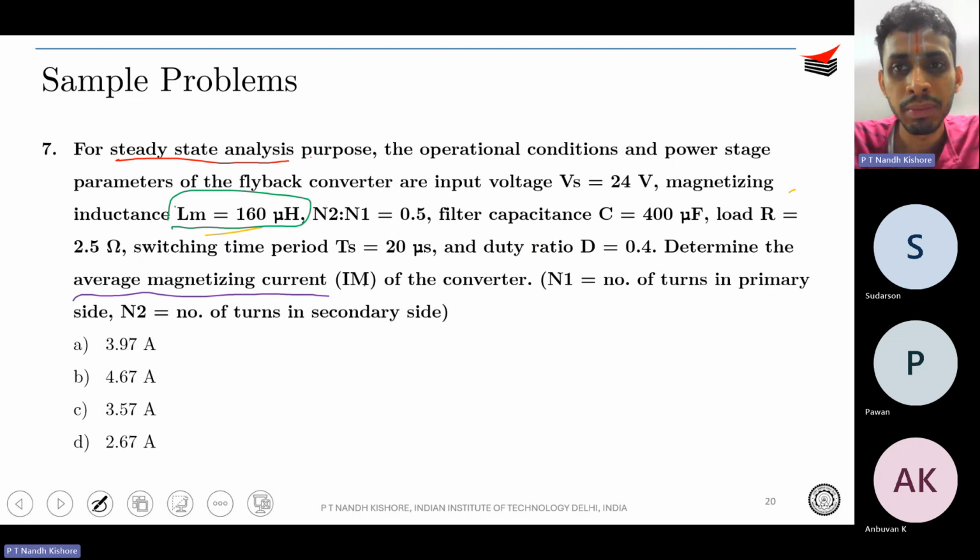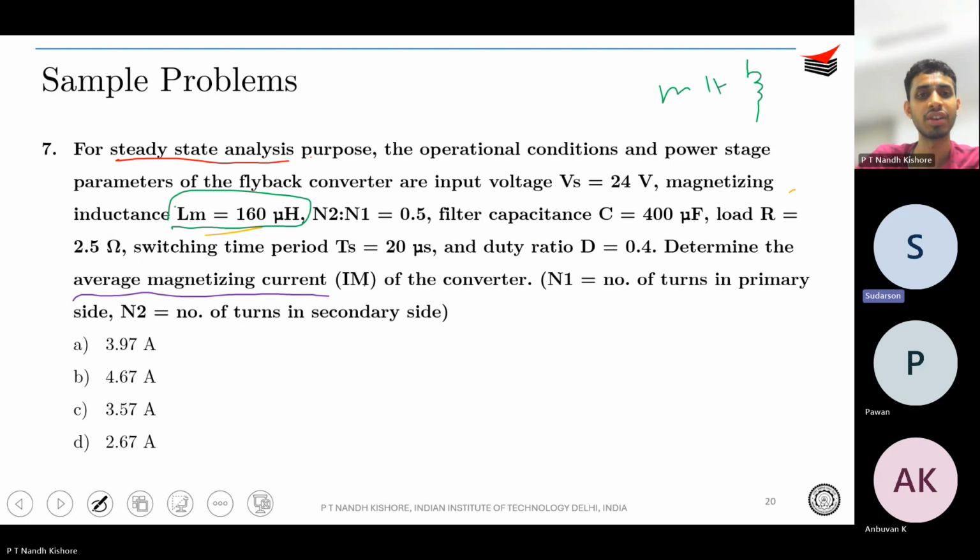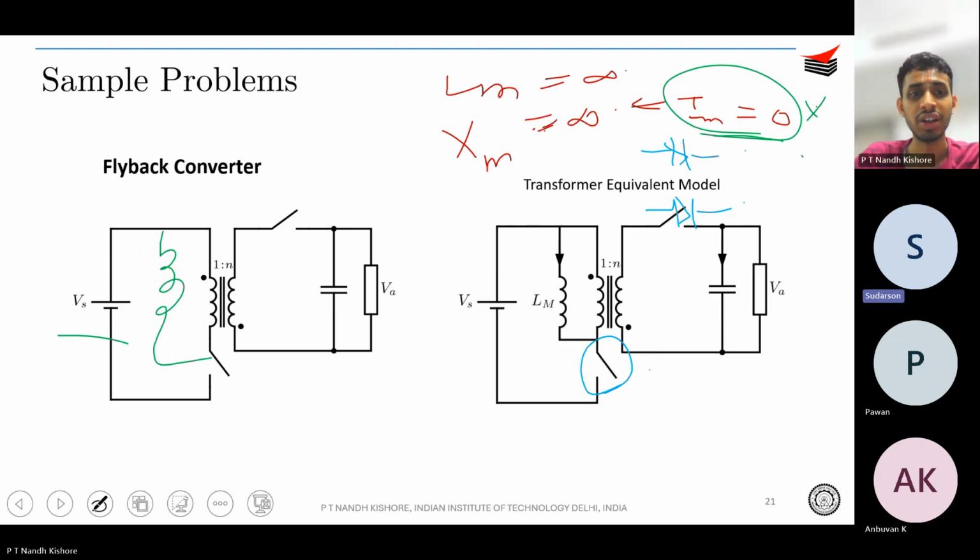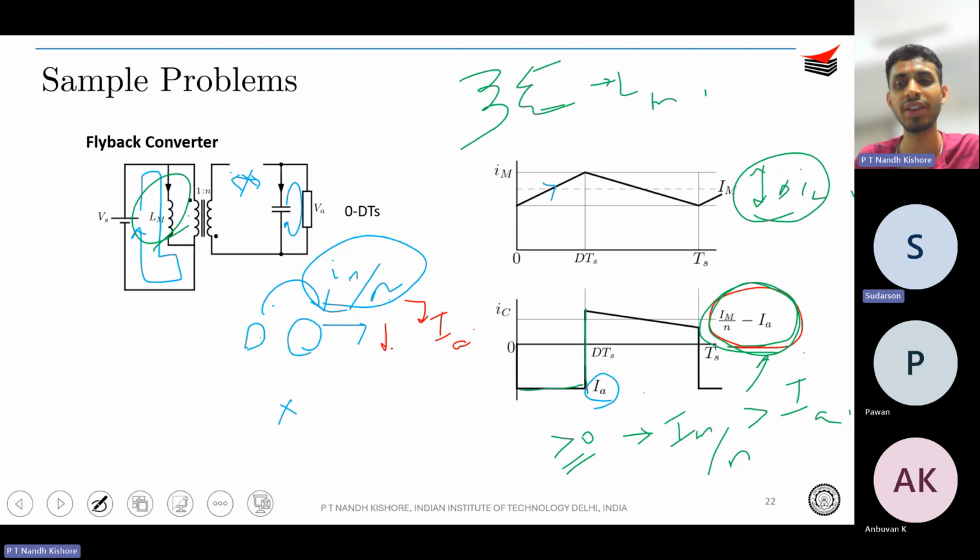In order to make it 160 microhenries, people will externally add an inductor in parallel so that your equivalent becomes this. Here, LM is very, very critical for us. Without LM, the flyback converter is not going to work. So you understand that this is actually an application of a transformer non-ideality, and we are utilizing it.